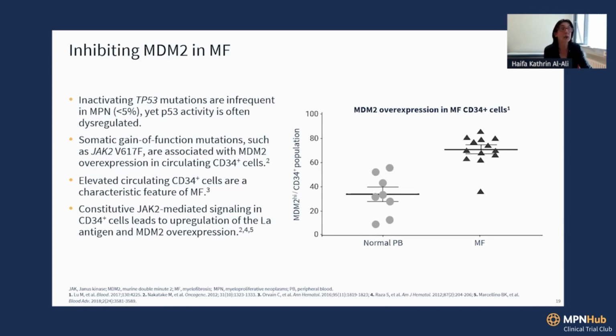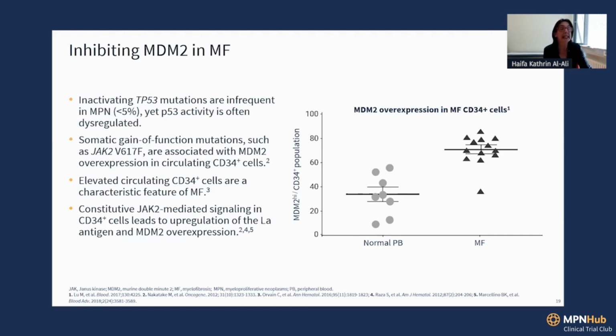Why is that so? Today we know that through JAK2-mediated signaling in the CD34 positive stem cells in patients with myelofibrosis, this leads to upregulation of the so-called La antigen. What is the La antigen? This La antigen can recognize specific classes of messenger RNA, including the MDM2 messenger RNA.